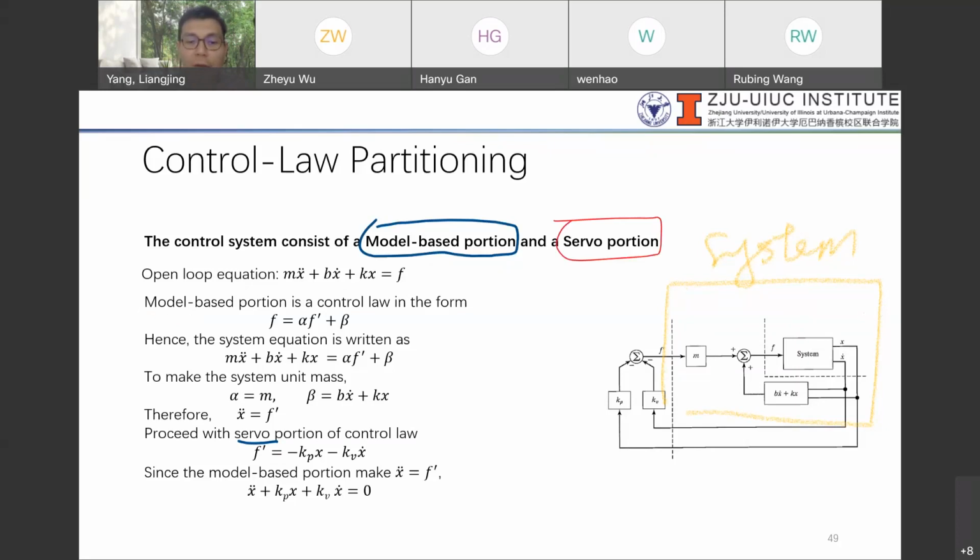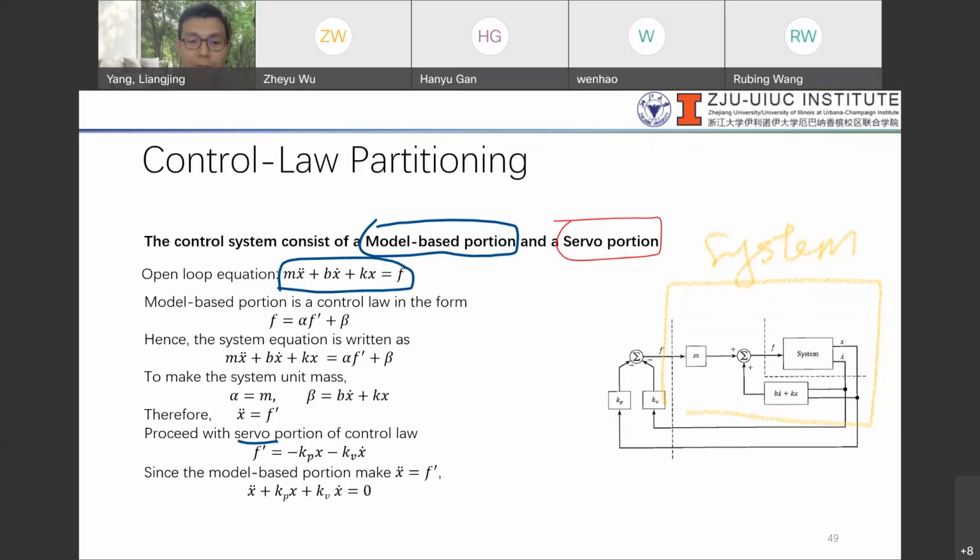So now we are writing it in this form. This equation here, we are going to split into alpha f prime plus beta.